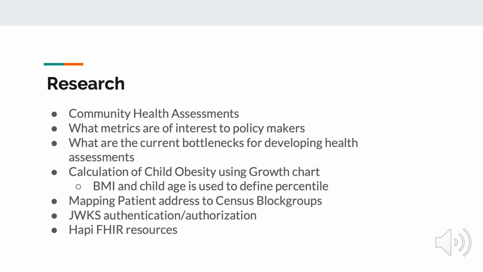Knowing that we only had half a semester to conduct this project, we asked Dr. Bender what the most important numerators and denominators were. There was the calculation of child obesity using a growth chart, because child obesity and diabetes were two primary areas of concern that health policymakers would be interested in, so we decided to focus on those.